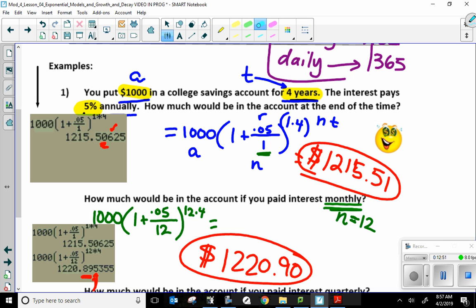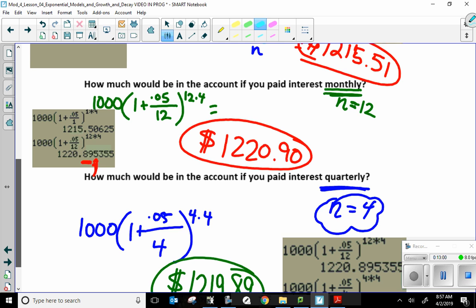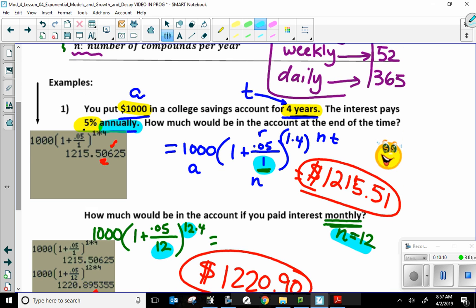If the only thing that changes is my N value, annually it's a 1. The only thing that changes is my N value turns to a 12. My N value turns to a 4. The bigger the N value, the more money I'll make. When my N value was 1, when I got paid interest once a year, $1,215.